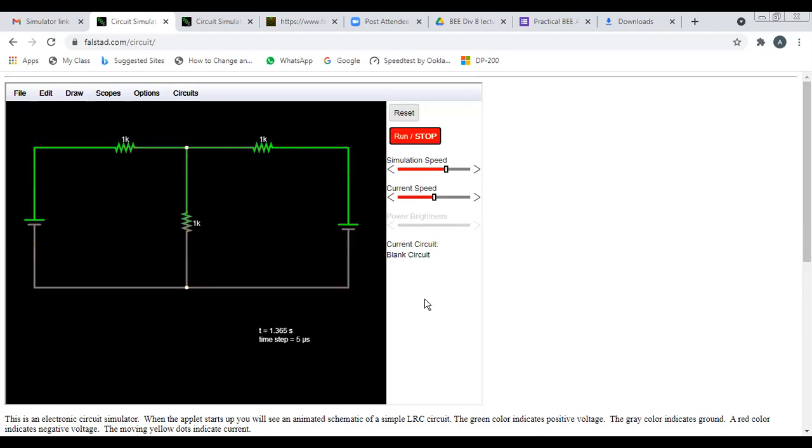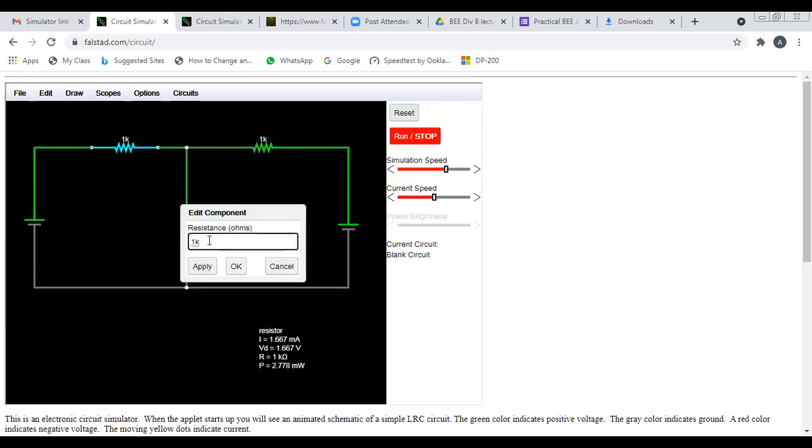Completed circuit. Here is the run and stop option. I'll stop this. Now see what value it's showing. By default the value of resistance is how much? 1 kilo ohm, right? So double click it. We want how much? 50.